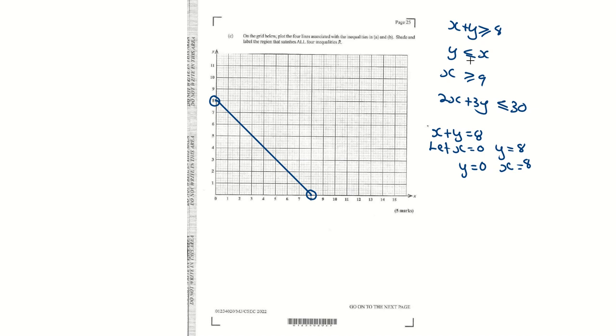Now, y is equal to x. I talked about this earlier with you, Janae, as well as the others. I told you guys that the y equals x line was going to look something like this.